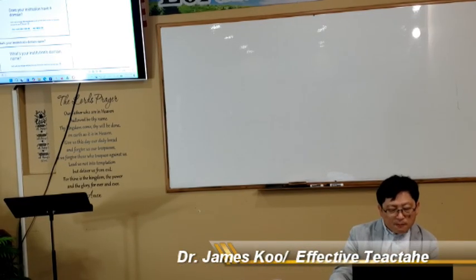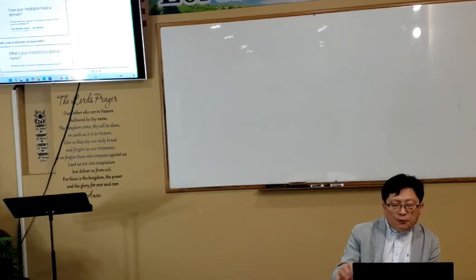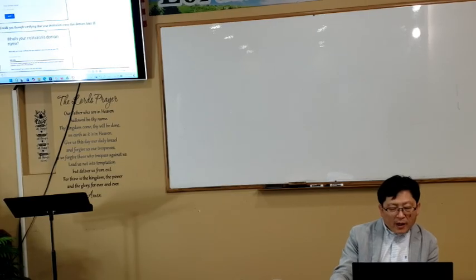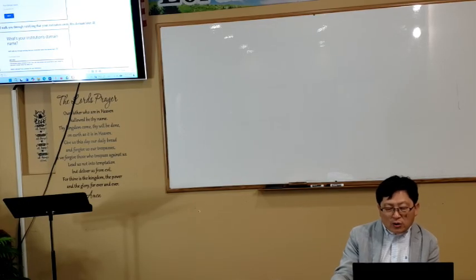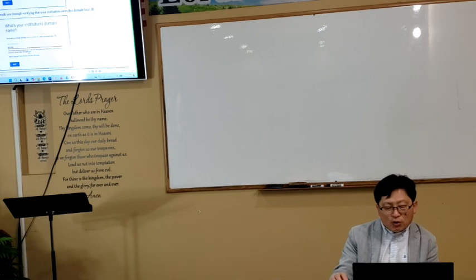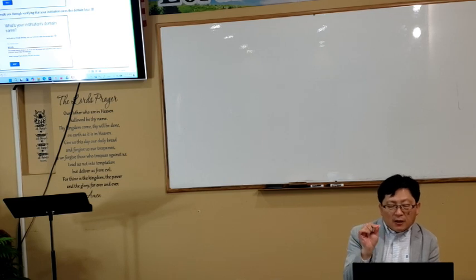Domain name: yes, I have one, and input the domain name. What is your institution domain name? Then we walk you through verifying that your institution owns this domain later. This is something like inputting the specific domain name.